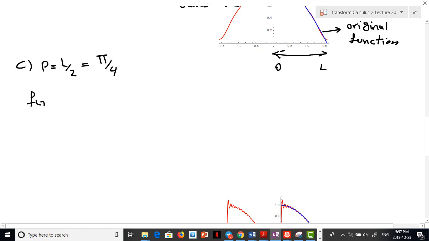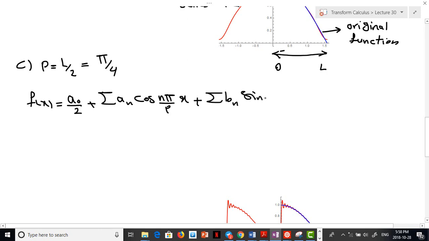And f(x) is equal to a0 divided by 2 plus summation of a_n cosine n pi over p x plus summation of b_n sine n pi over p x, with n from 1 to infinity.